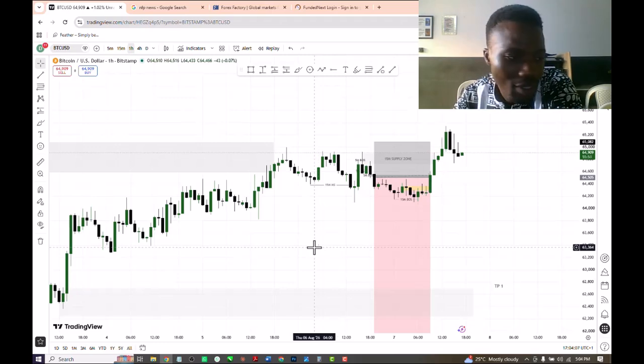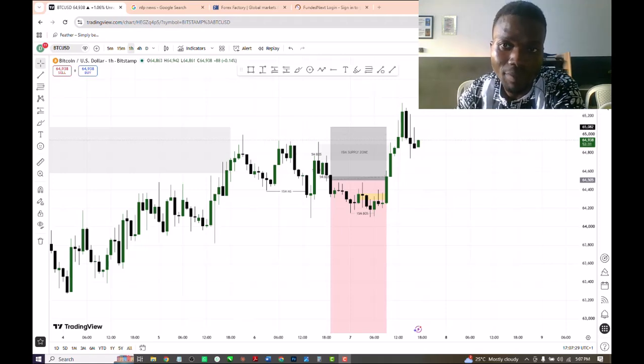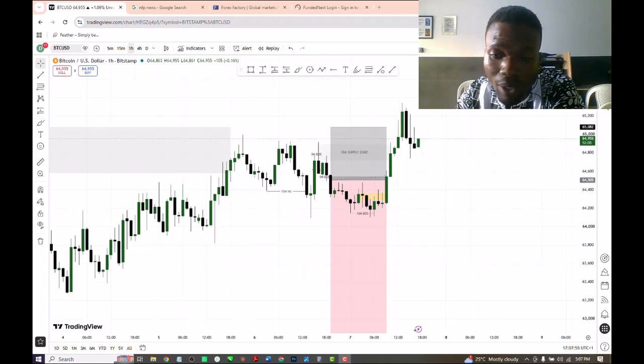I know that one understanding that I have about the financial market is that price does not react randomly. Price moves in structure, right? And I also believe that it is not every time that my trading plan will play out.